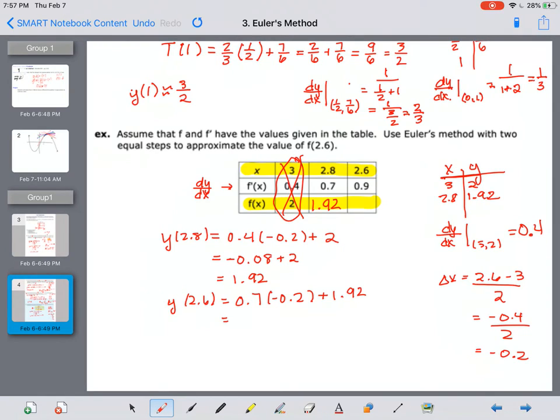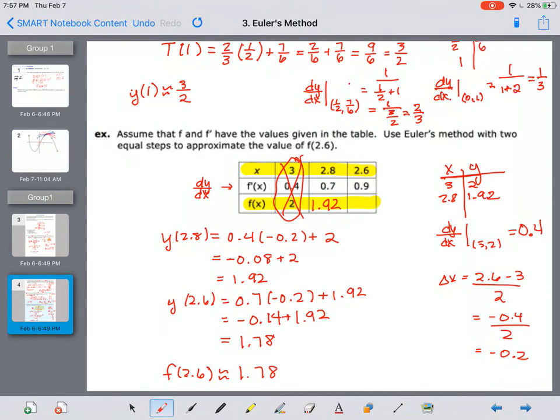And then we're just doing calculations. So negative 0.14, 7 times 2 is 14, move the decimal over twice, plus 1.92, and when we calculate that, we wind up getting 1.78. And what that means for us is that f of 2.6 is going to be approximately 1.78.